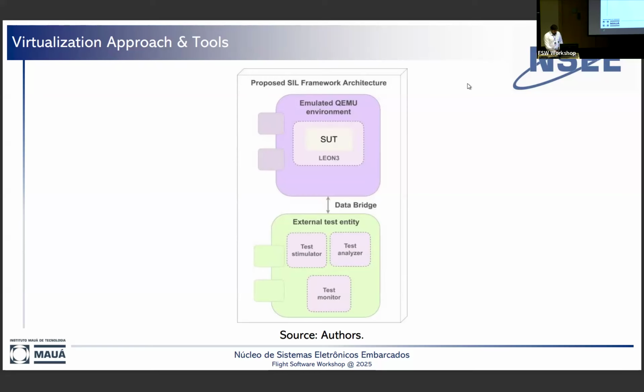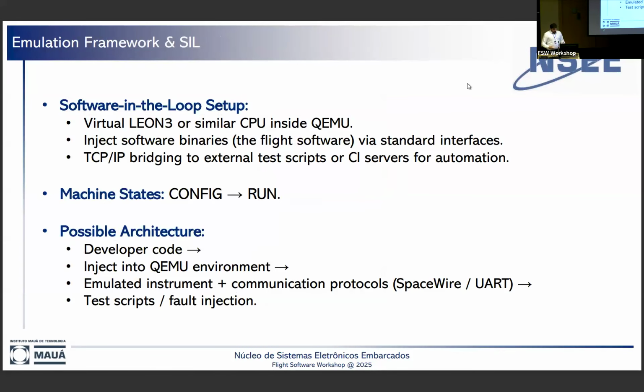Since it all uses TCP/IP connections, this external code can be anything really. It can be Python, C++, it can be a RED system. You have a lot of flexibility in the overall architecture. Okay, so again, the setup is we have the virtualized Leon3 or a similar CPU. I say similar because we are now working with the Leon3, but QEMU actually allows you to simulate a lot of different processors.